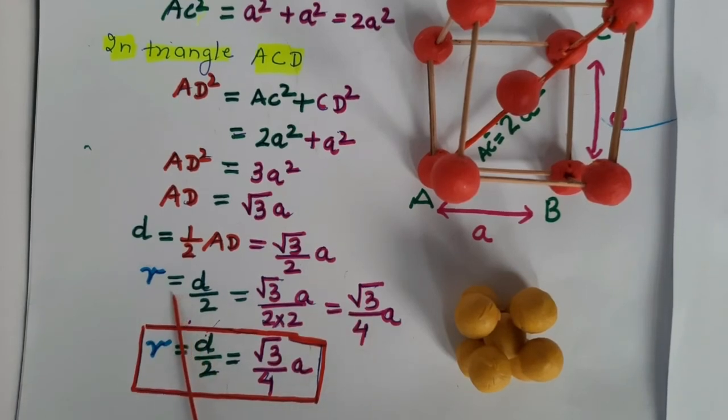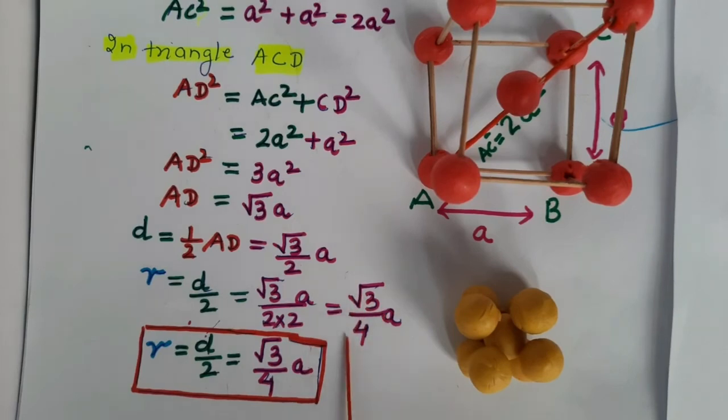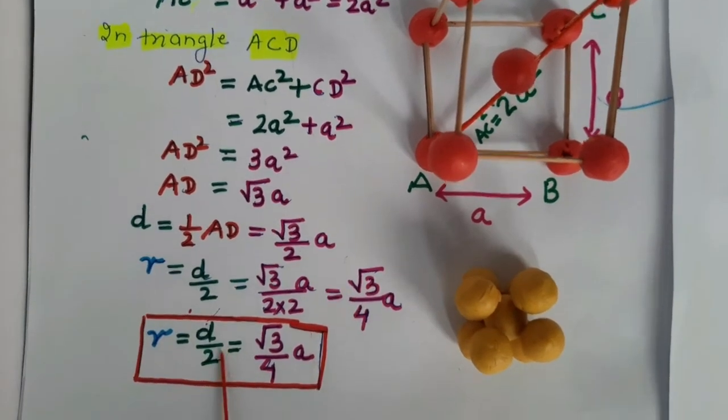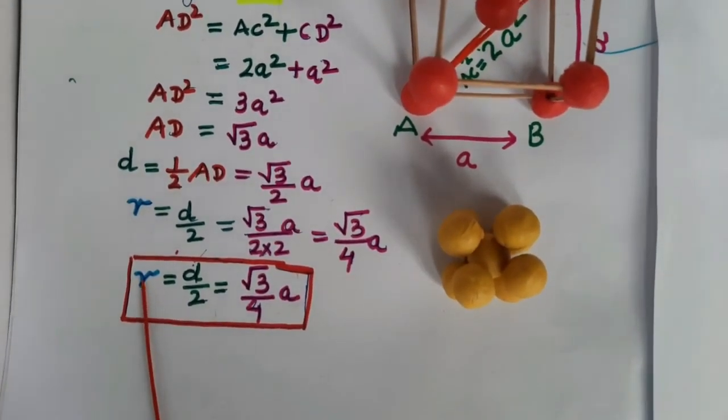The radius of the sphere will be equal to d by 2, which will be equal to root 3 by 4 a. Now, the radius of the sphere here will be equal to the distance between the nearest neighbor divided by 2, and that will be equal to root 3 a divided by 4. Thank you.